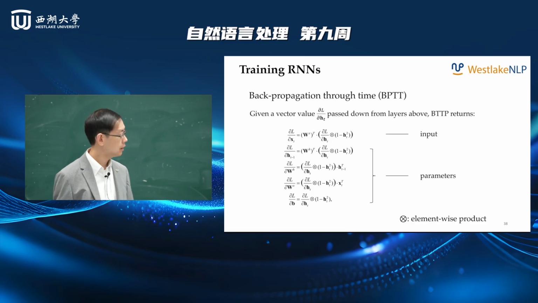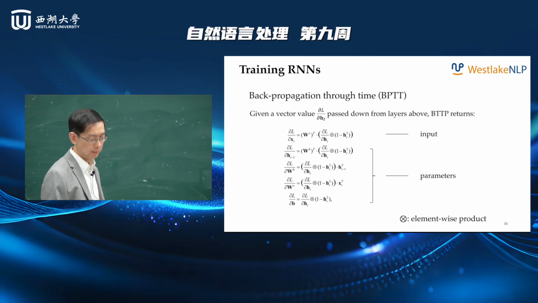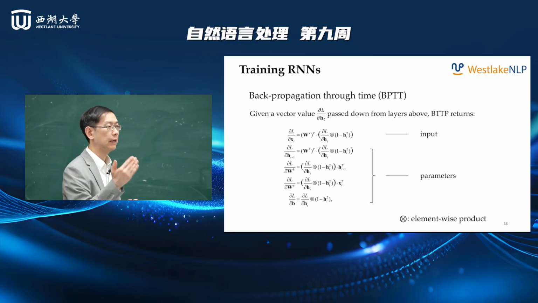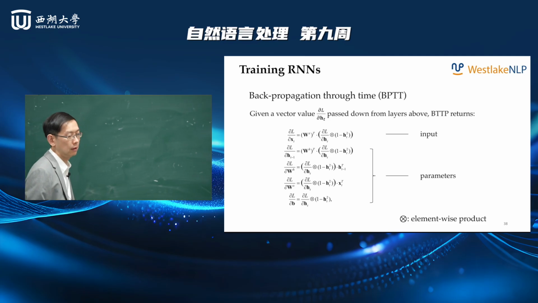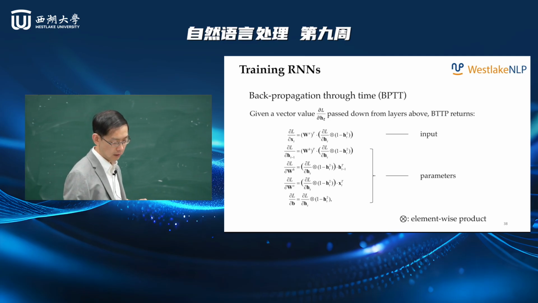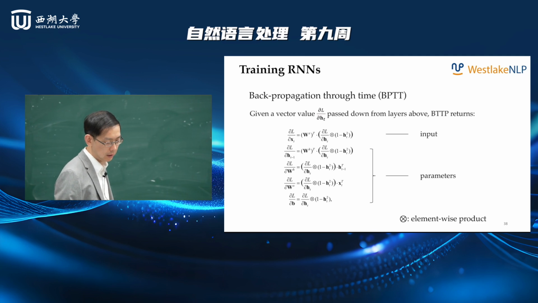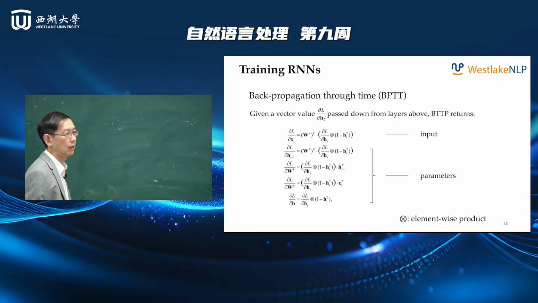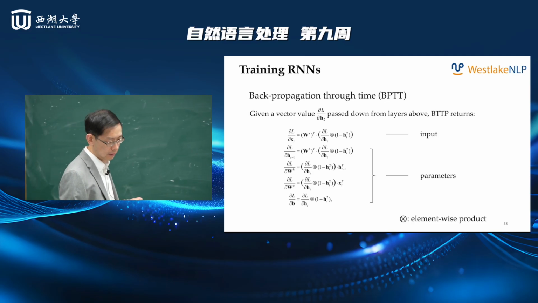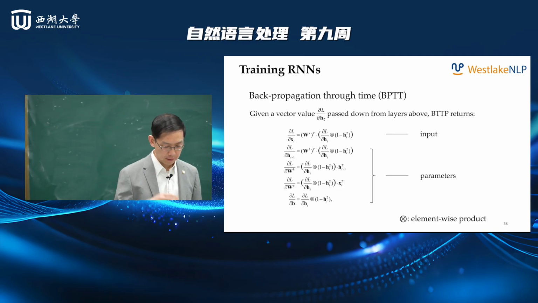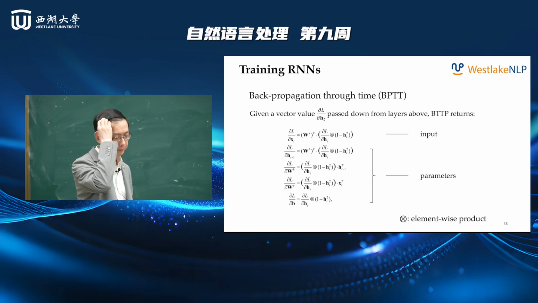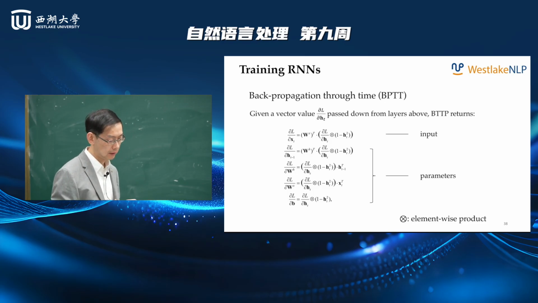I have a few equations listed in this slide, but the first one is the backpropagated gradient from the output vector to the input vector, okay? The other parts are the backpropagated gradients on model parameters, okay? As I said, I split the big W into two W's, one for h, one for x. And as a result, you will have these few gradients on the parameters.